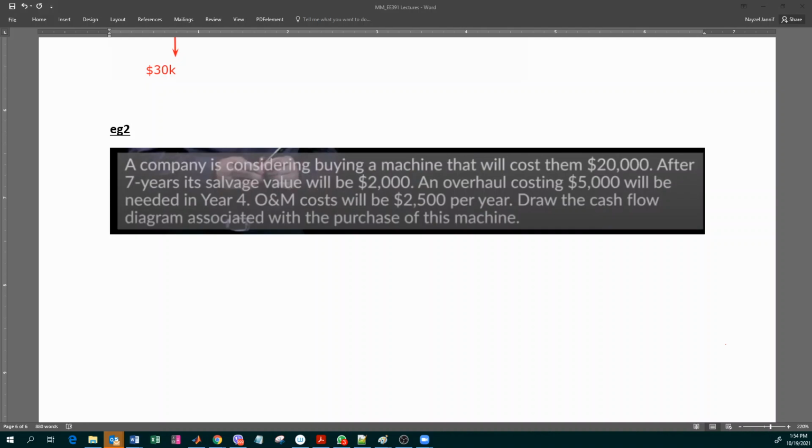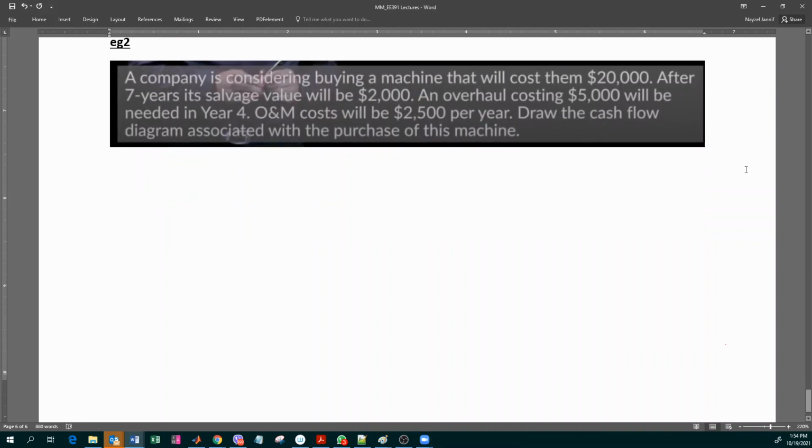Example 2. I want to draw a line, nicely in the middle, and I'll color the line black.